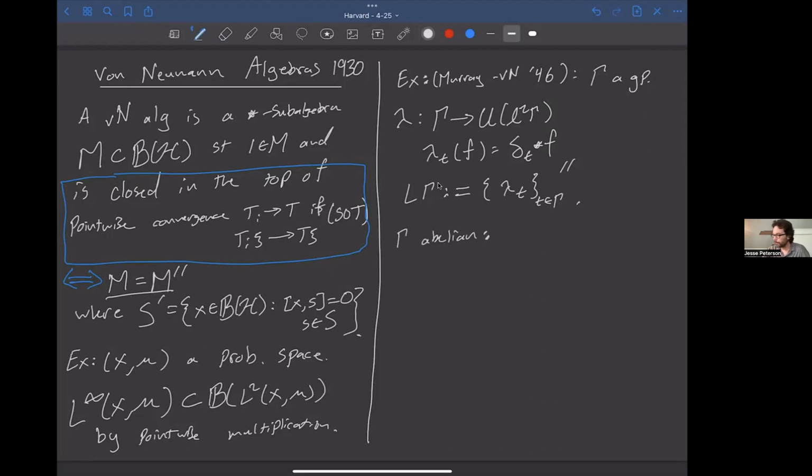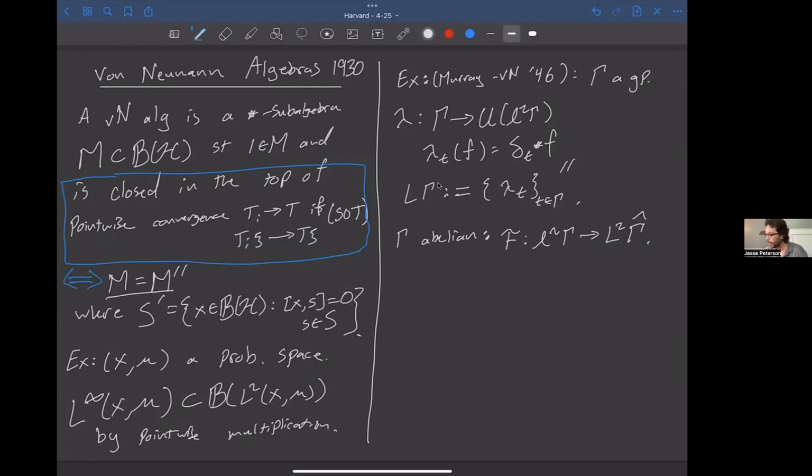So when gamma is abelian, we have the Fourier transform, which takes L2 functions on gamma to L2 functions on the dual group, which is a nice compact abelian group. So this should be a big L2, with a Haar measure on the compact group.